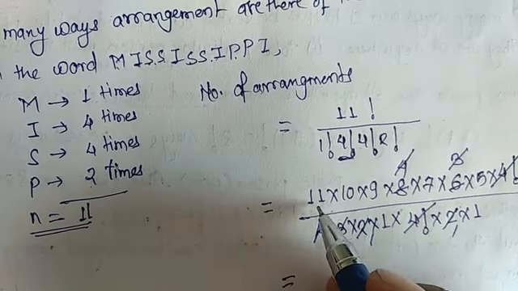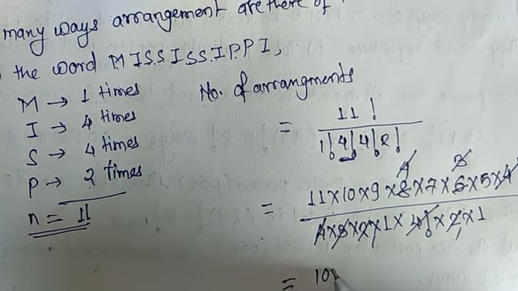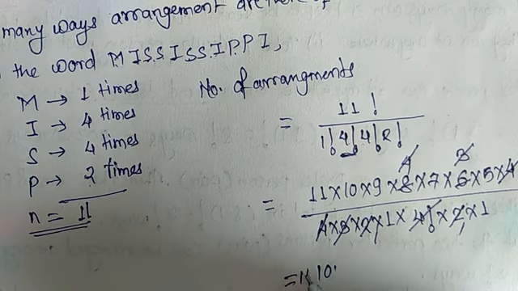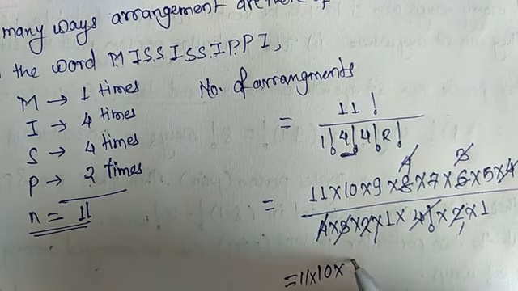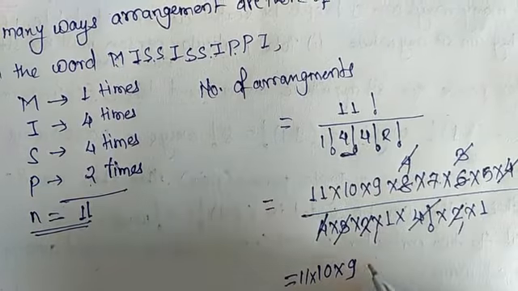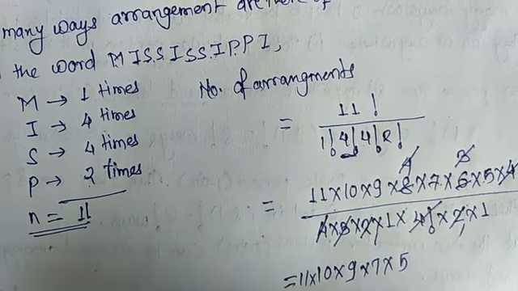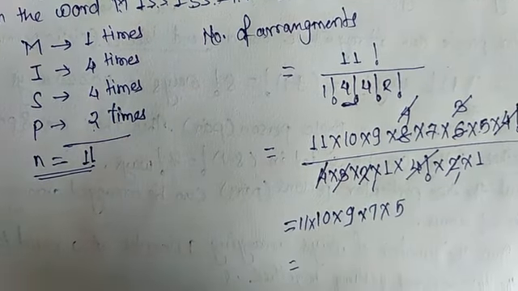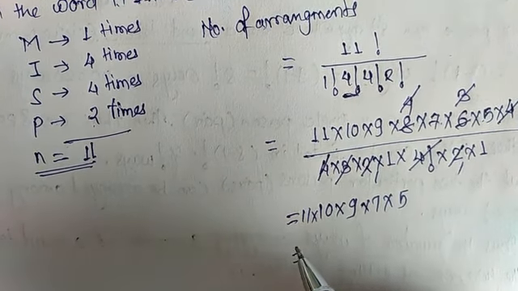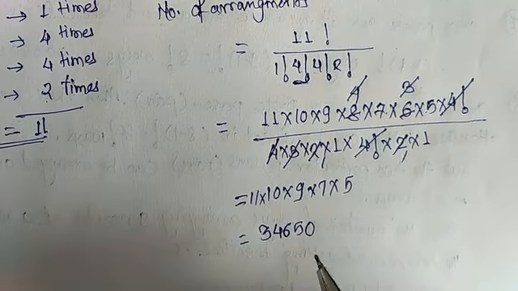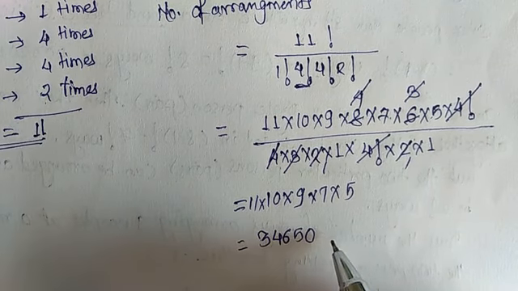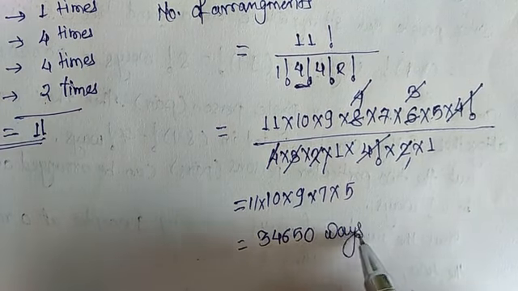So our total calculation will be 11 into 10 into 9 into 7 into 5, which gives the answer 34,650 ways.